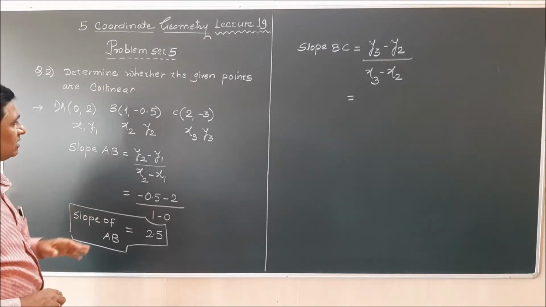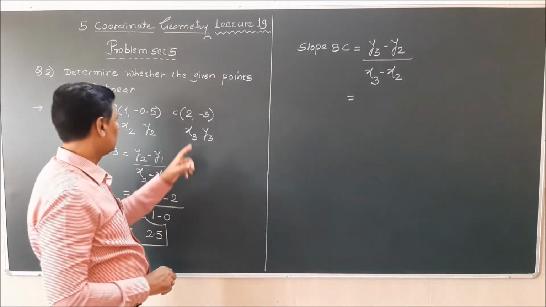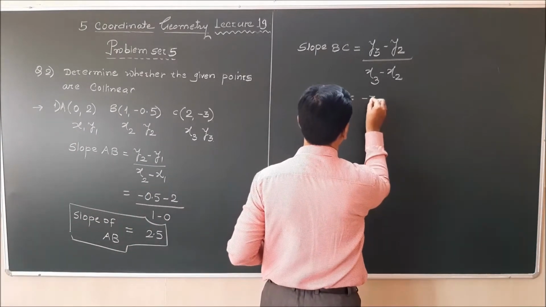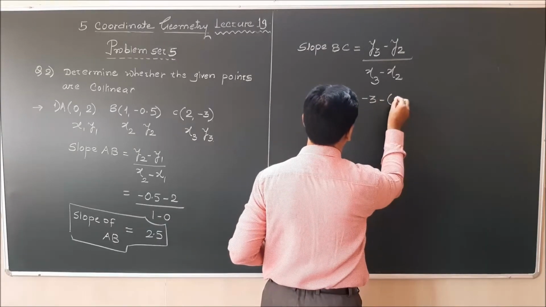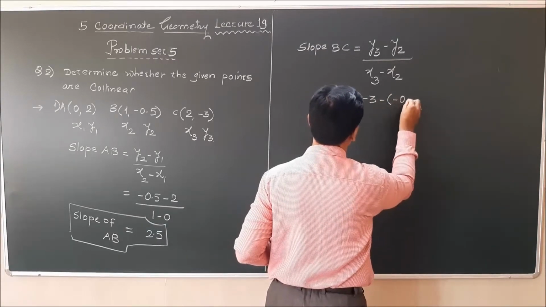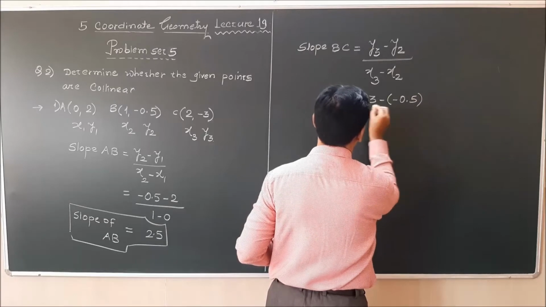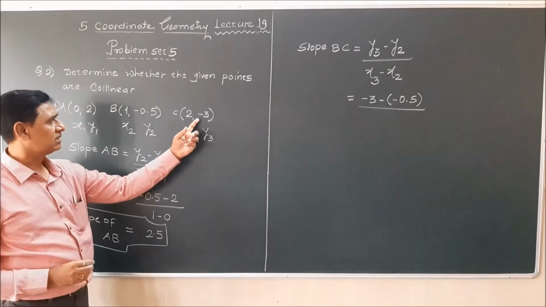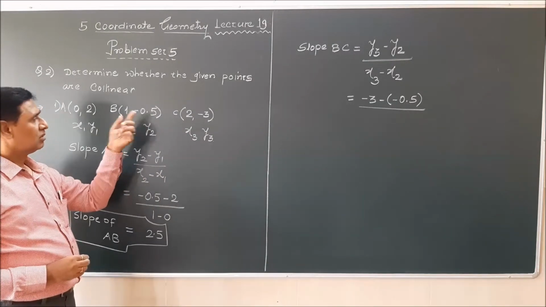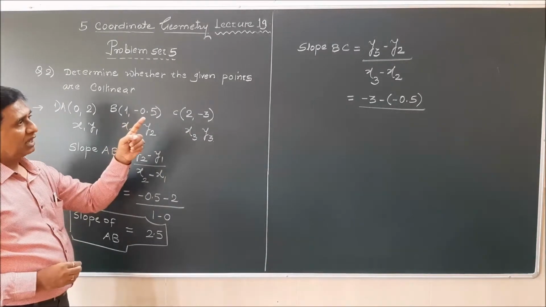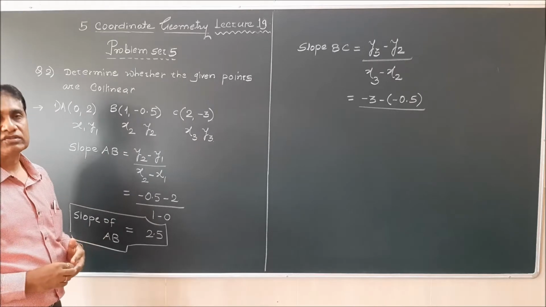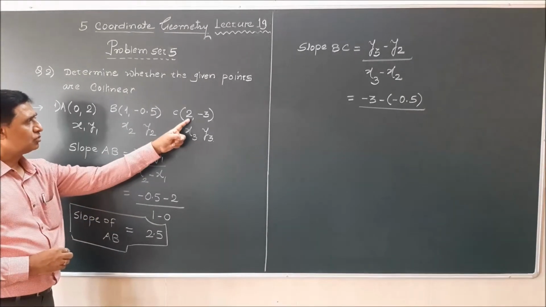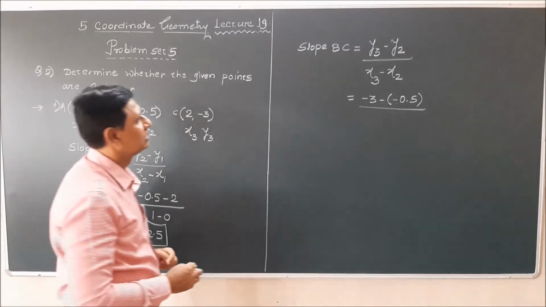So minus 3, which is y3, be careful here, minus 3 minus of minus 0.5. y3 minus y2, but y2 is minus, and it becomes minus of minus 0.5. x3 minus x2, so 2 minus 1.